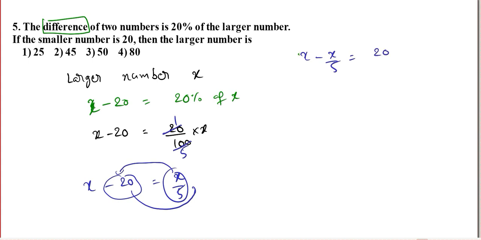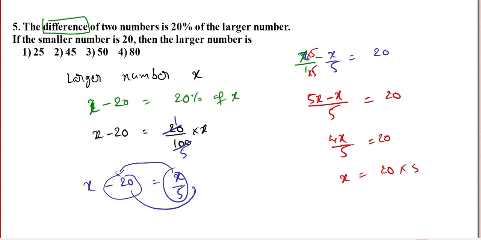Here the denominator is 1. To make this 1 a 5, you should multiply by 5 by 5. So this becomes 5x minus x by 5, that gives you 20. That is 4x by 5 is equal to 20. From this x is equal to 20 into 5 by 4. 4 5s are 20, so x is equal to 5 5s are 25. So the first option is the correct one.